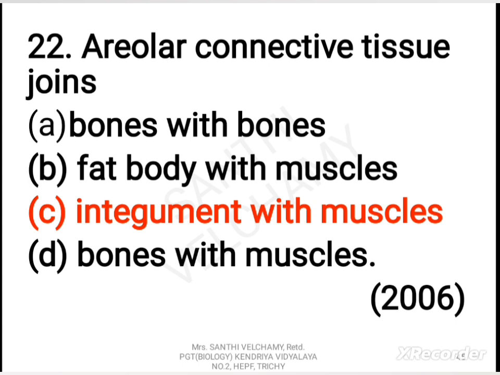Its function is to attach the skin to the underlying tissues and to fill the spaces between various organs, thus holding them in place, and it surrounds and supports the blood vessels. That's why C is the correct answer. Integument with muscles is the correct answer.